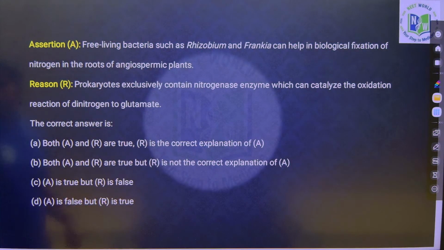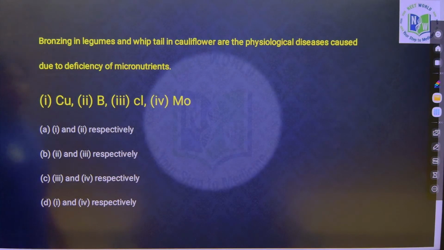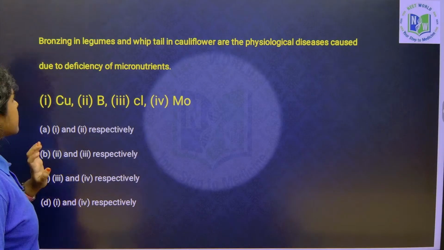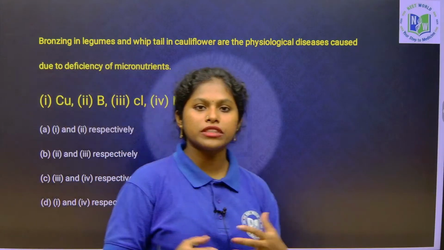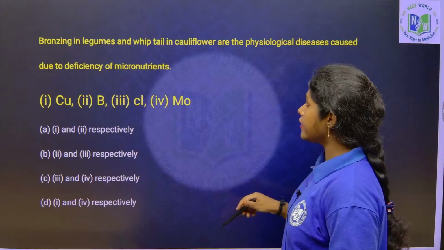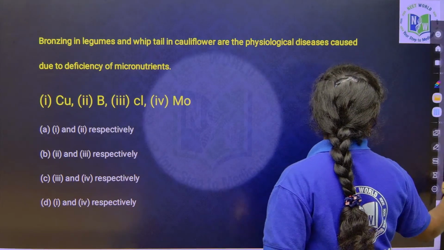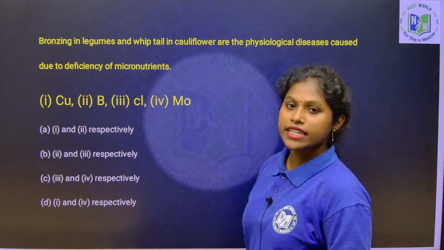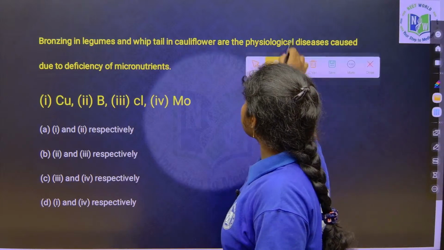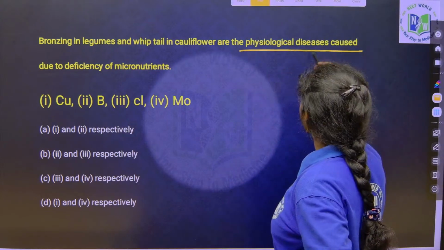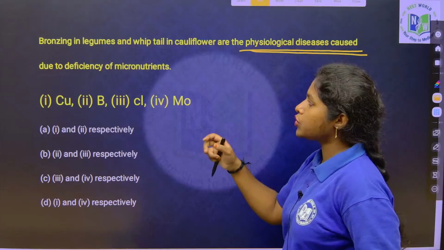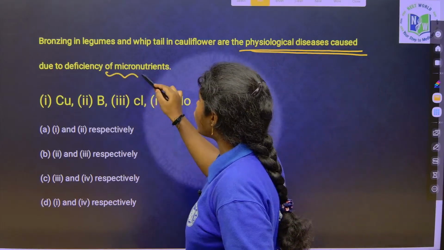So next question. Bronzing in legumes, which means plants that have an association with prokaryotic organisms like rhizobium bacteria, right? So, bronzing in legumes and whiptail in cauliflower are physiological diseases caused due to the deficiency of micronutrients.